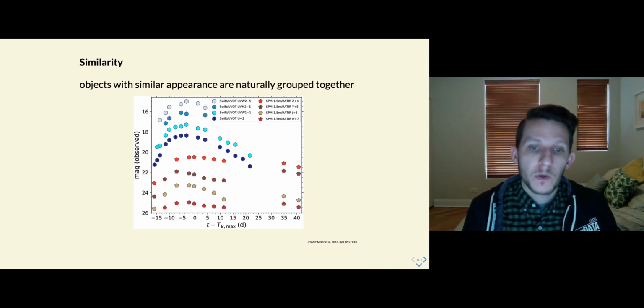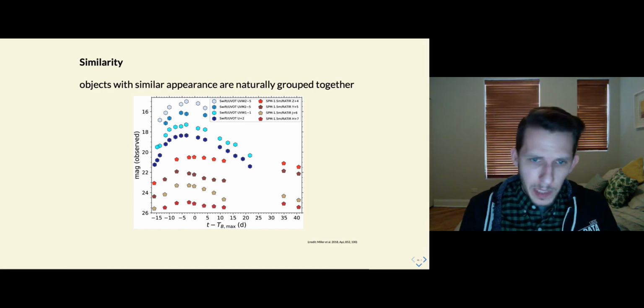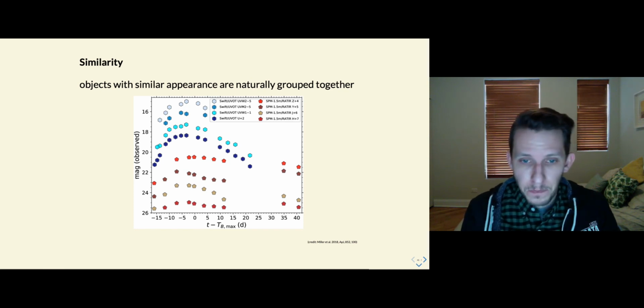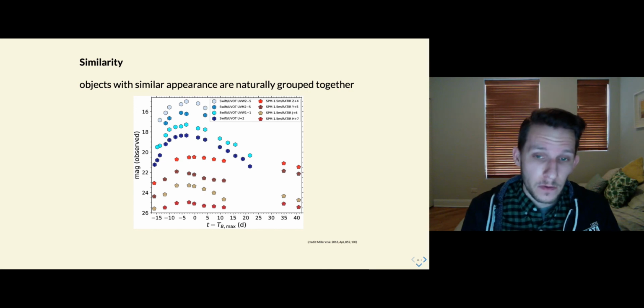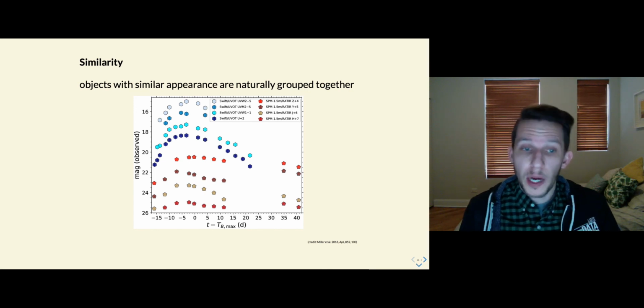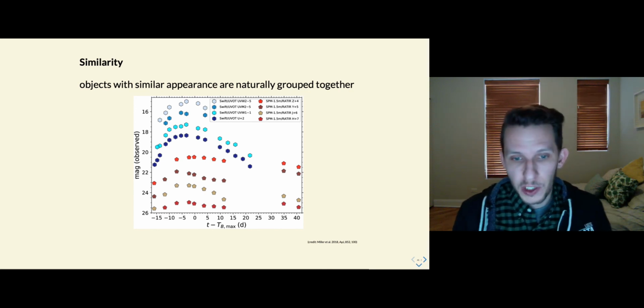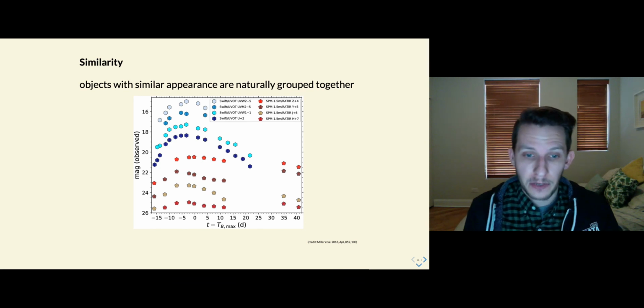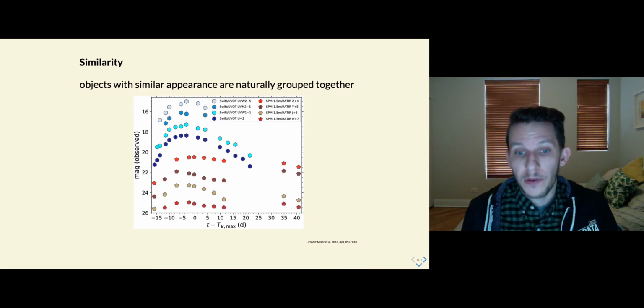Here we see a plot of a supernova light curve. This is essentially the brightness of this supernova as a function of time in a bunch of different astronomical filters. So what is the similarity that's happening here? Observations that have been obtained in the near infrared are all shown as pentagons, and they're all shown with reddish or brownish hues.